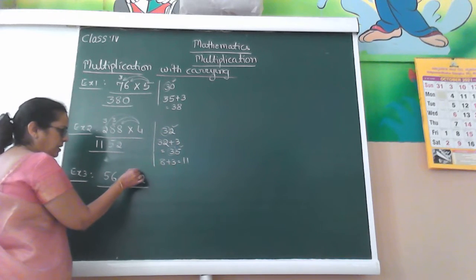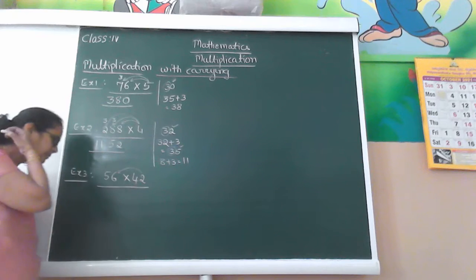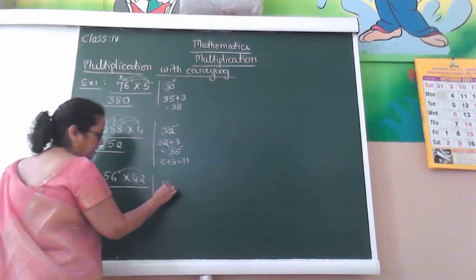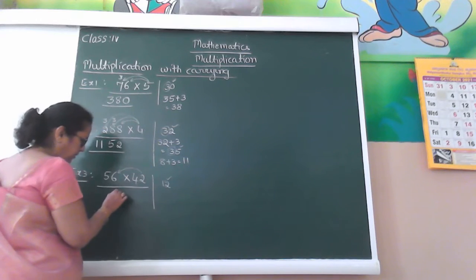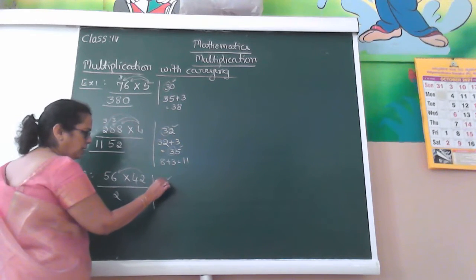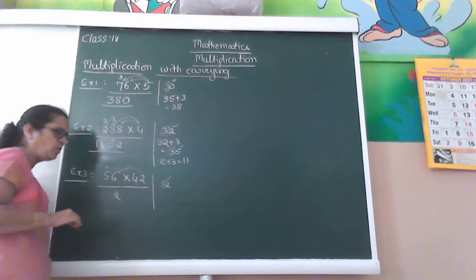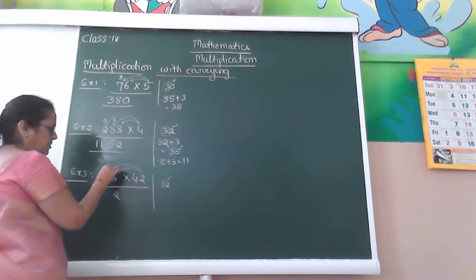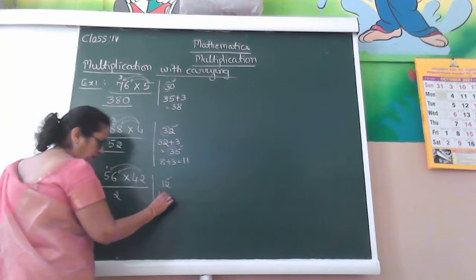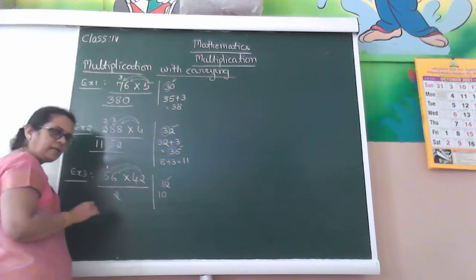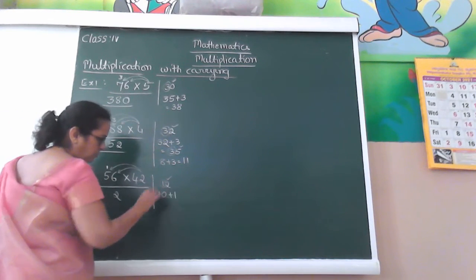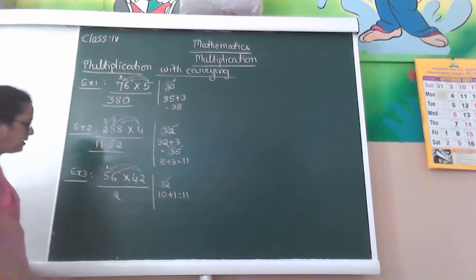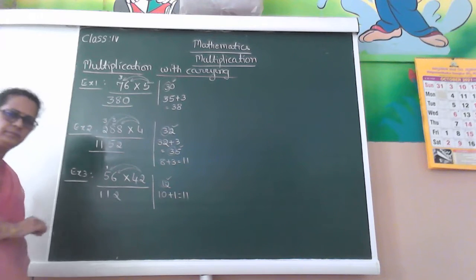Now first multiply 2 sixes. How much, children? 2 sixes are 12, isn't it? Write 2 here and 1 give carry above 5. Now 2 fives are 10 and 1 carry is there. Add 1 to 10, it becomes 11. Write this 11 here.